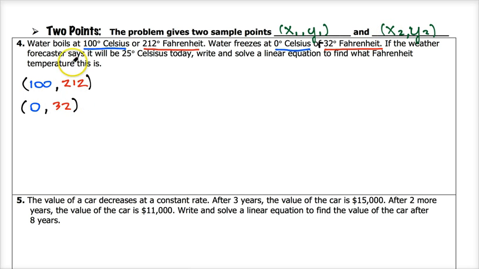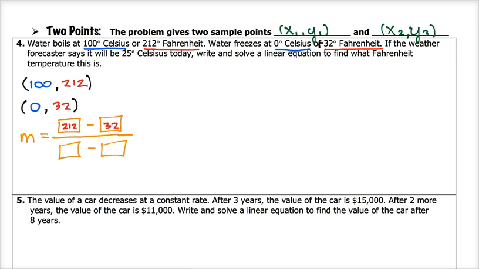So anytime you're given 2 points, for linear equations, the first thing you want to do is find the slope. So here we want to find our rate of change. Okay, what is our rate of change for this problem? So we're going to do that just like we calculate slope. We'll do the change in the y values divided by the change in the x values. So our y values here are 212 and 32.